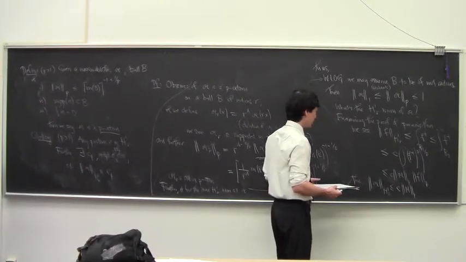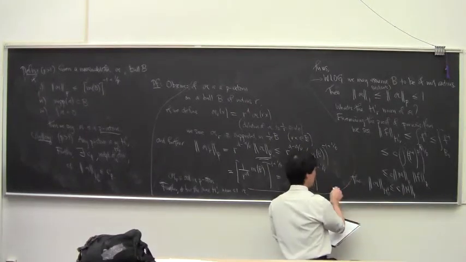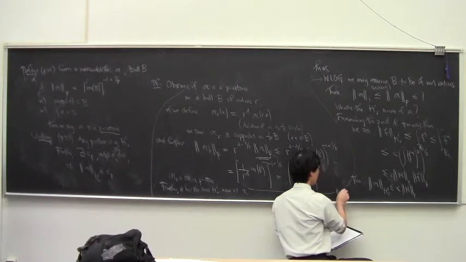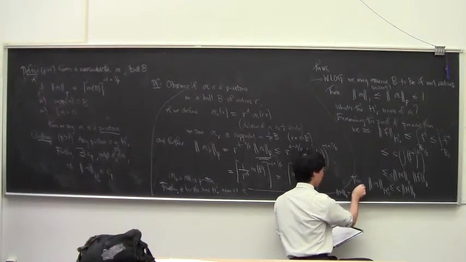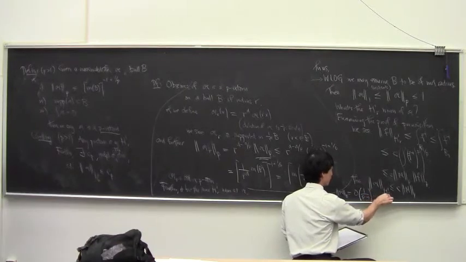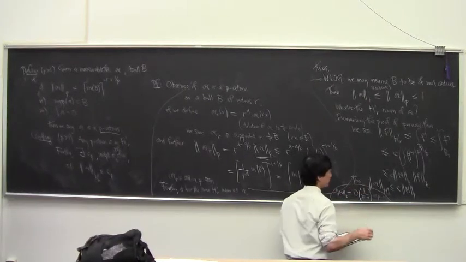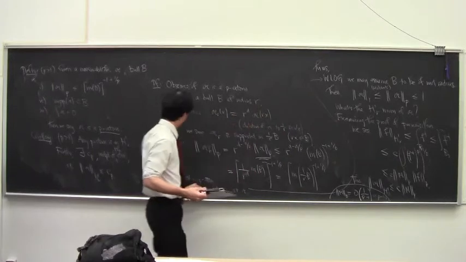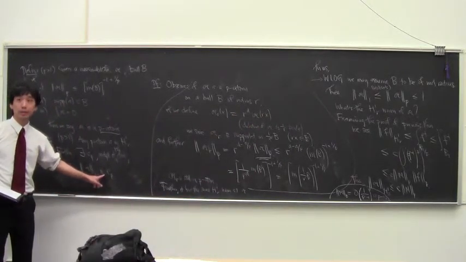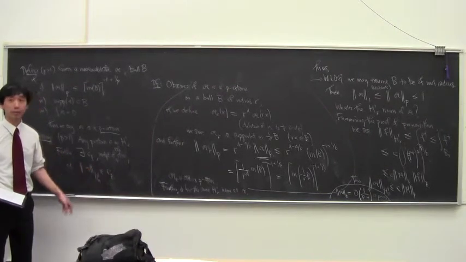And just as a side comment, this constant, M_p, is of order 1 over p minus 1 as p goes to 1. Okay. So that gives us the control over the atoms' H1 norms that we're aiming for.